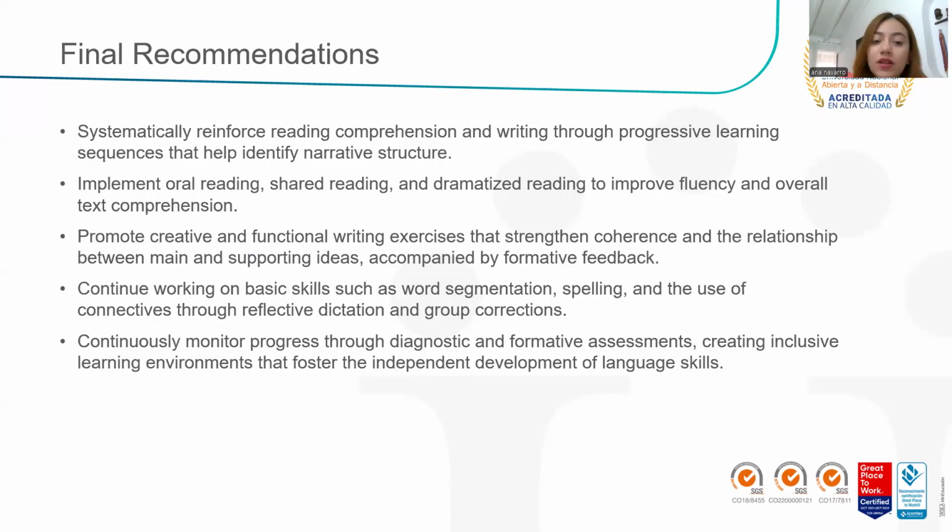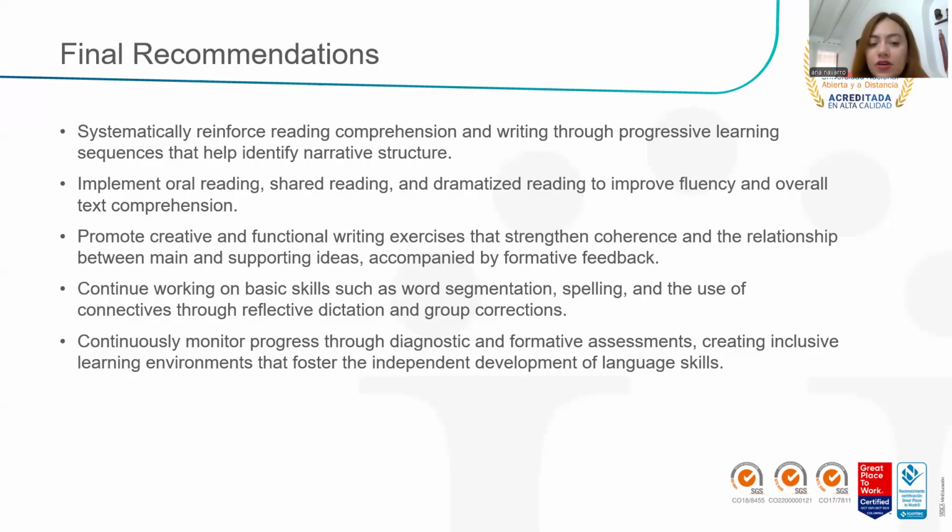Second, include activities of reading aloud, short readings, and dramatization to improve fluency and understanding. Third, promote creative and functional writing tasks, training coherence and connection of ideas, accompanied by continuous feedback.